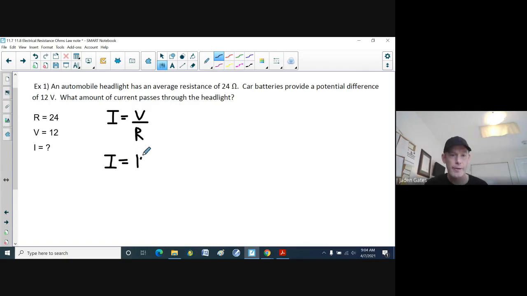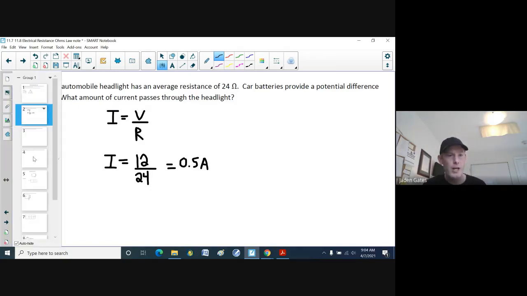We have 12 as our voltage. Our resistance is 24. And so, 12 divided by 24, need a calculator for that one. It's 0.5, and we're talking about current, which is in amps. Probably the easiest formula we'll use.